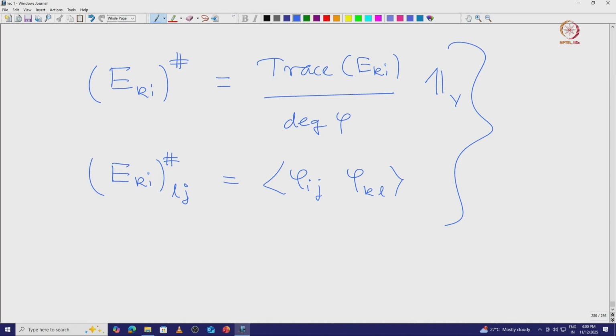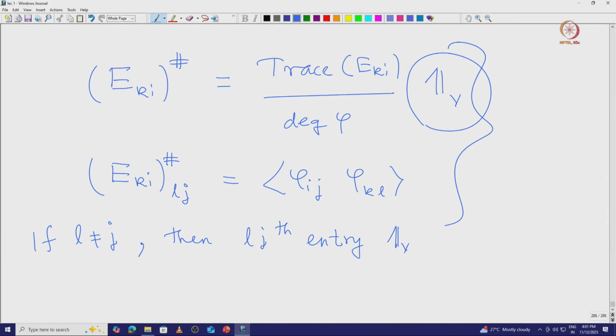So, let us assume that l is not equal to j. Then you can easily see that the ljth entry of the identity matrix is going to be 0.